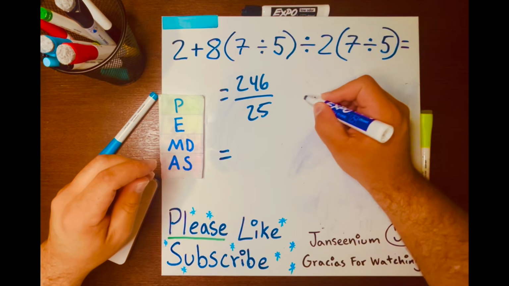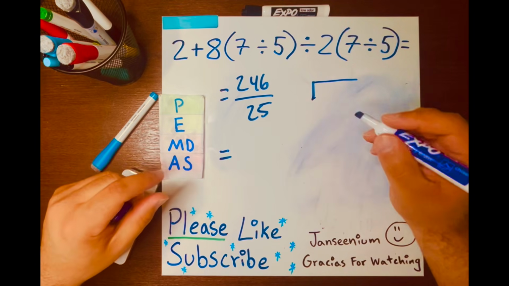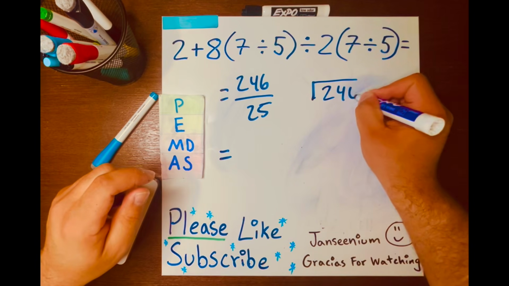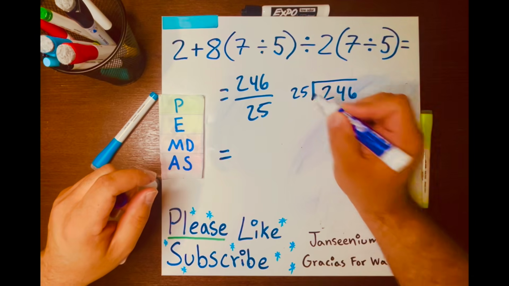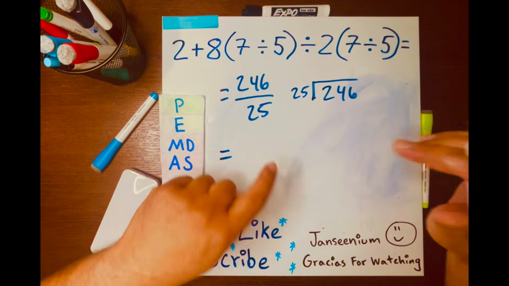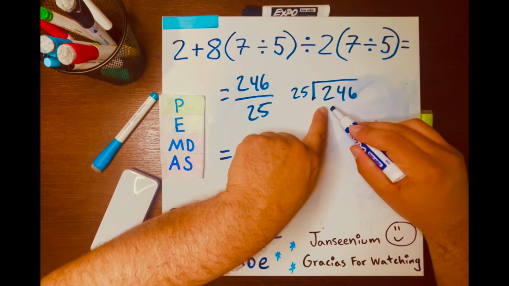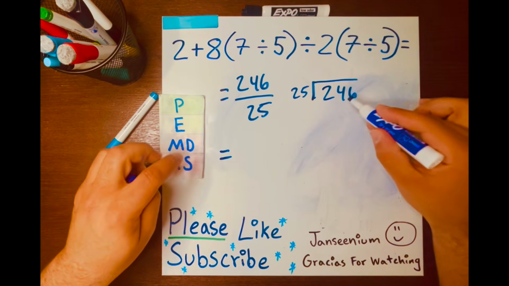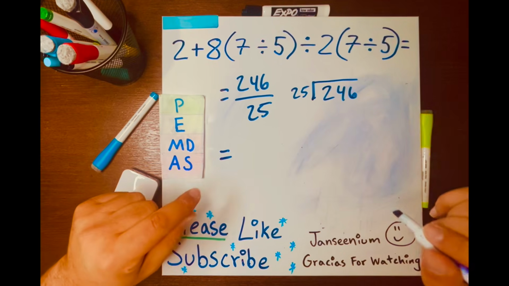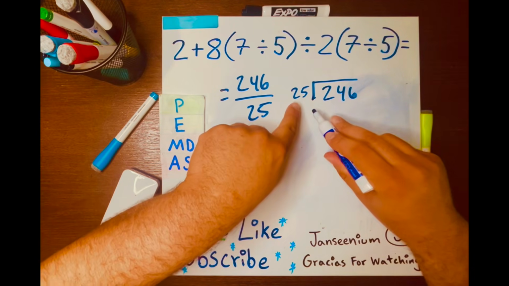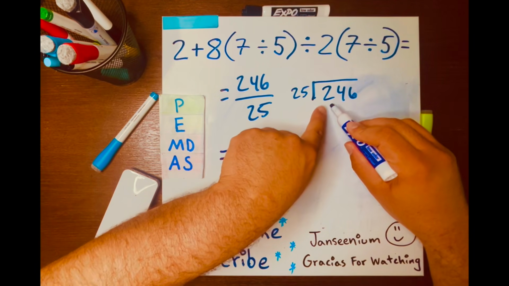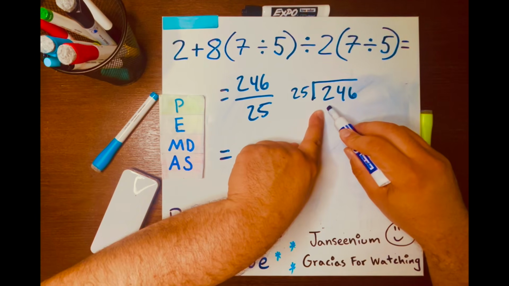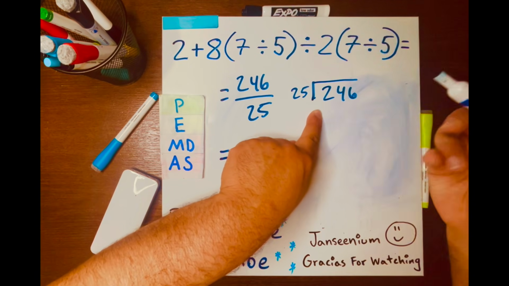So here's the long division symbol. And I'll write the 246 inside and the 25 outside. Here's the math trick. We have 100 plus 100 plus 46. So we know we can fit 25 into 46 one time. And we can fit 25 into 100 4 times, so 8 times for 200.